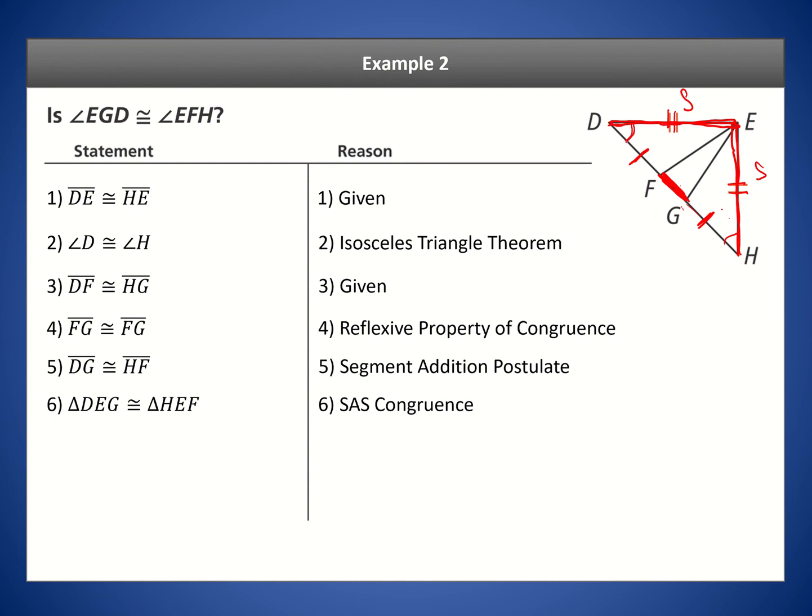And we know that angle D and angle H are congruent, so that's an angle. And now we just established that DG, which is a side, is congruent to HF, which is another side. And so we have a side, angle, and side for both triangles, and therefore we know that these two triangles have to be congruent.